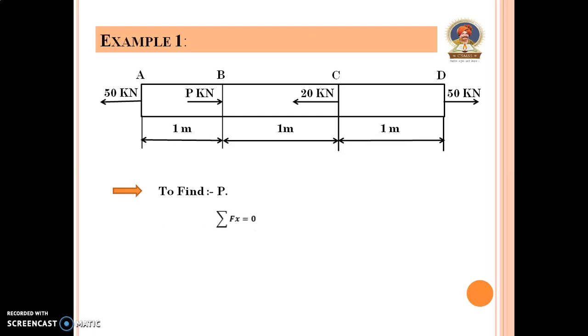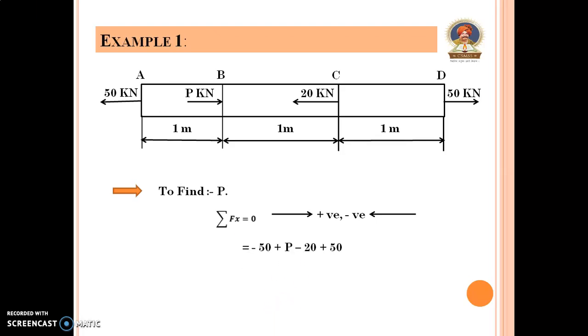we know that summation of Fx is equal to 0, that is equilibrium condition, in that the force moved towards right side is positive and the force moved towards left side is negative.